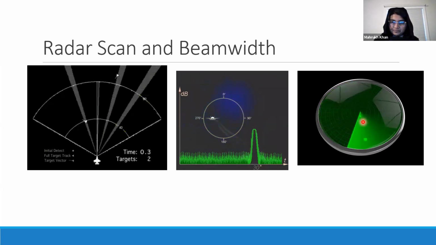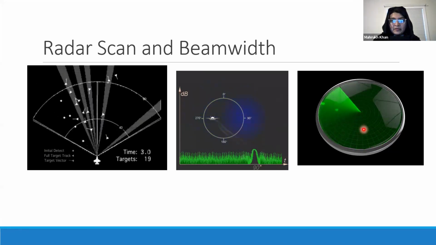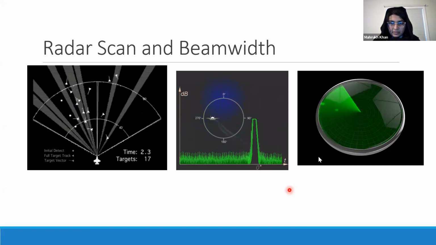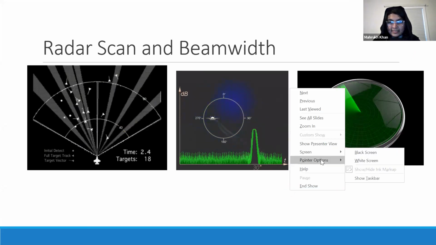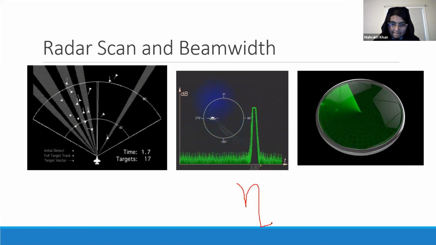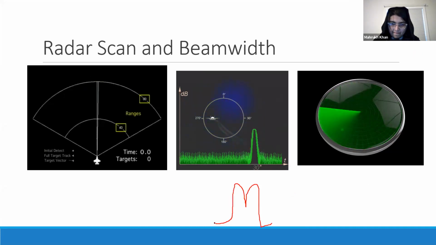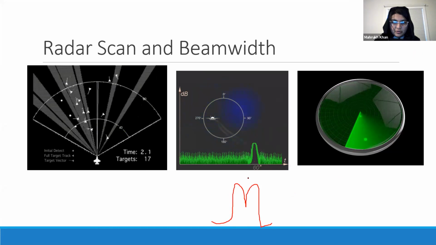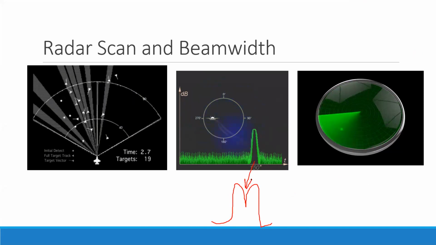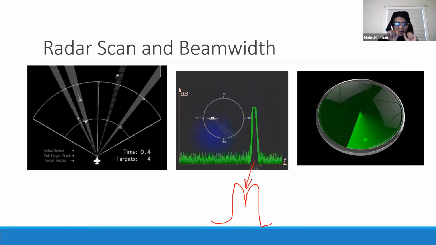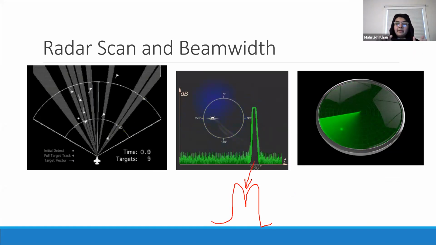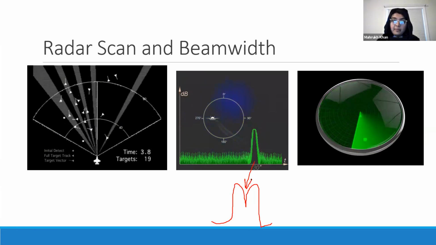If you see here in this scenario, if your antenna sees two targets, then this beam will be like this. You see what my point is here? Okay, I see. So it will show that there are two targets at the same phase, but they should be separated by half power beam width.